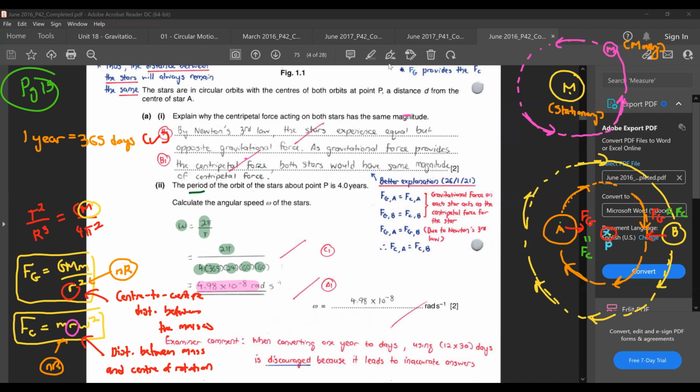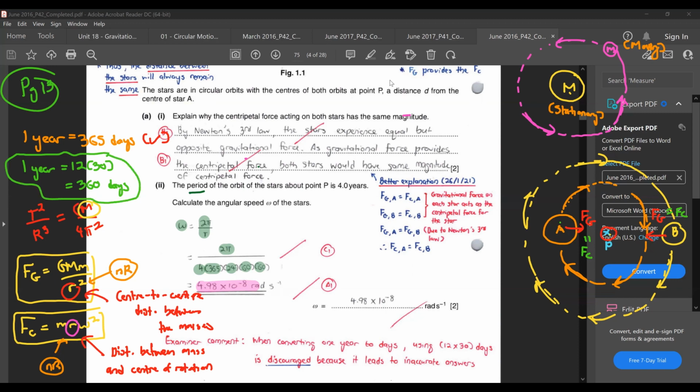Some people use a different value for days in 1 year because their understanding was that 1 year has 12 months, and in a month you have on average 30 days. So if you take 12 times 30, you get 360 days. That is how some people got 360 days.